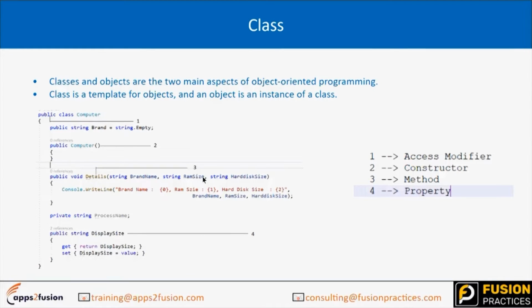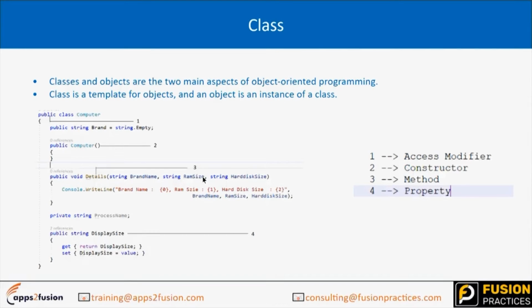We can say it's a public class Computer. Public, right? It's the access modifier. We have four types of access modifier: public, private, protected, and internal. If you define your class as public, you can access it anywhere inside the project.